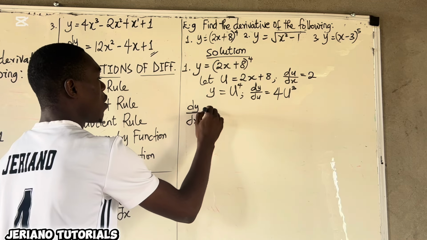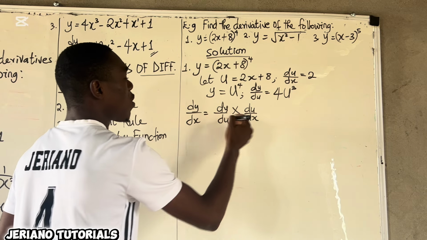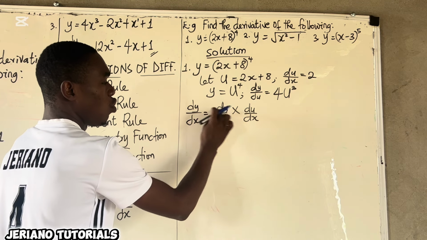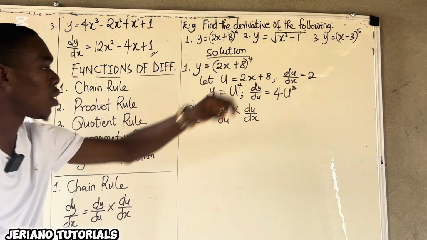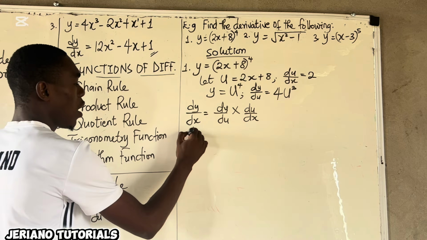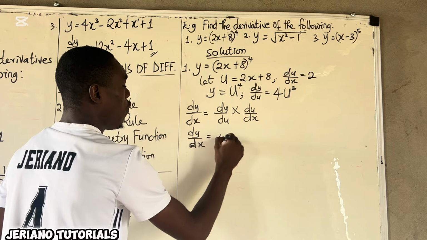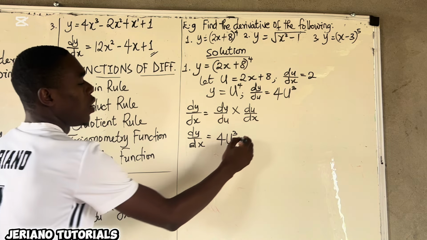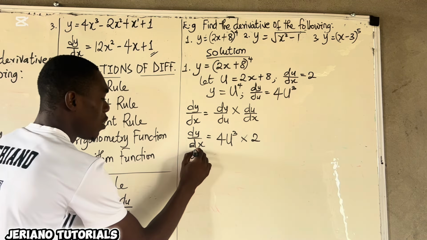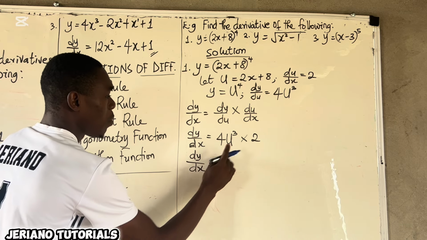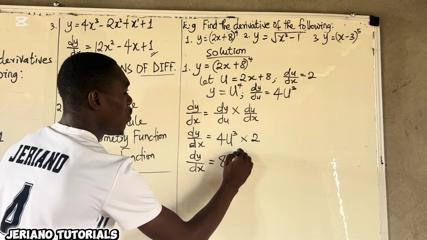Now, go back to our formula. dy/dx is equal to dy/du times du/dx. If you delete these two, you still have dy/dx. So it is just an introduction of u to make the whole thing simpler. So dy/dx is equated to 4u cubed times 2, which becomes 8u cubed.